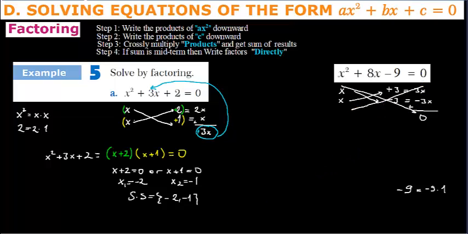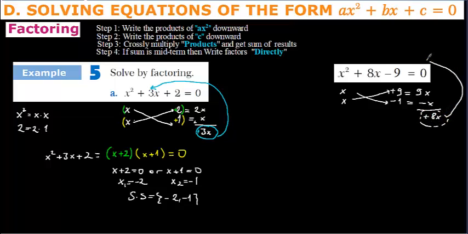What we are going to do here: x and x, with plus 9 times minus 1. If I crossly multiply, it's going to be equal to 9x, and minus x. So 9x plus minus x is equal to plus 8x.